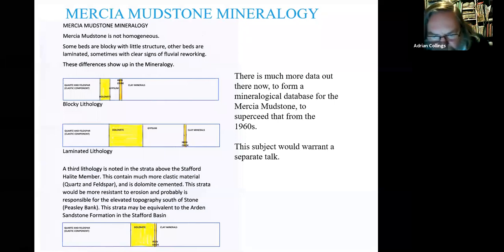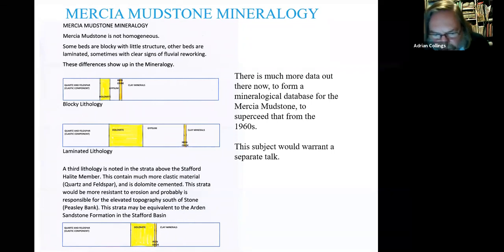The blocky lithology is dominated by the aeolian clay minerals, the silt-sized clay minerals which come in. There is minor gypsum and dolomite, and there is a modest clastic component. The laminated lithology is somewhat different. It has a much greater gypsum and dolomite component, and rather fewer minerals of clay type.